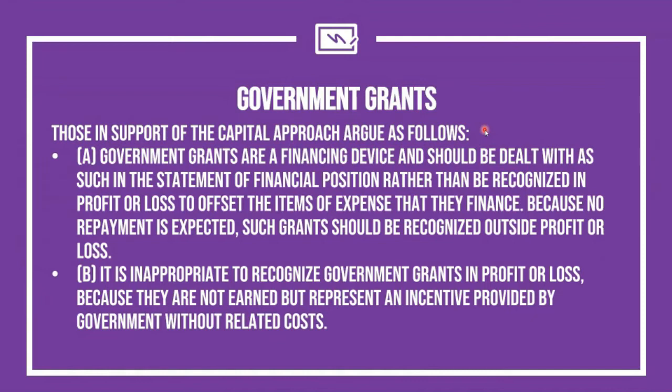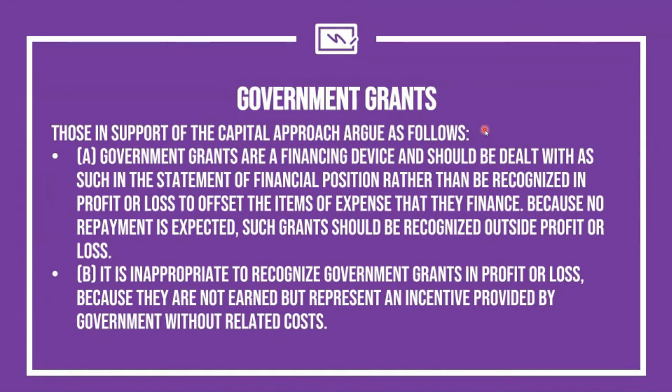The arguments that support capital approach are as follows. First is that government grants are a financing device and should be dealt with as such in the statement of financial position rather than be recognized in profit or loss to offset the items of expense that they finance.